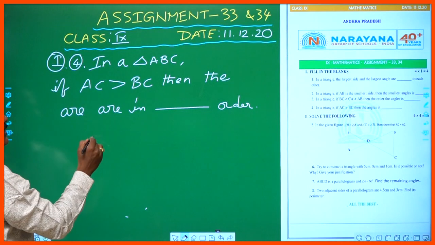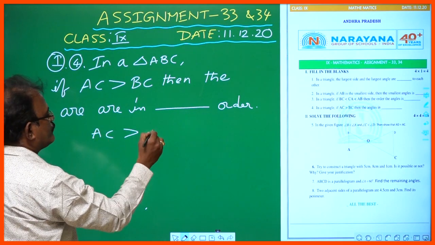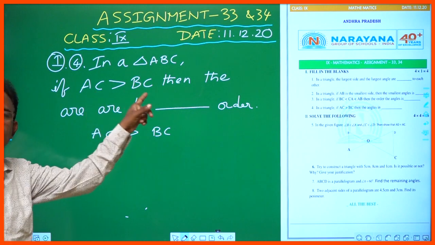You see here children, AC greater than BC. This is given.